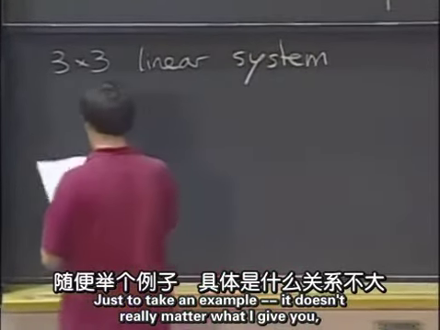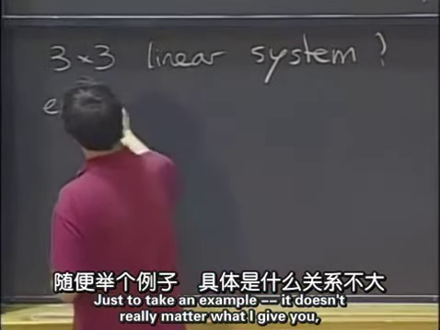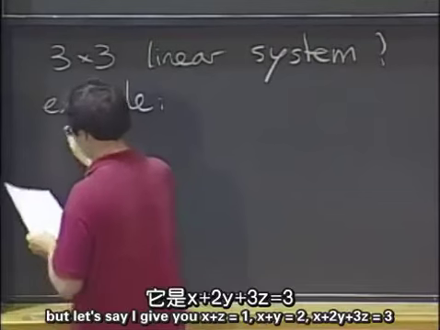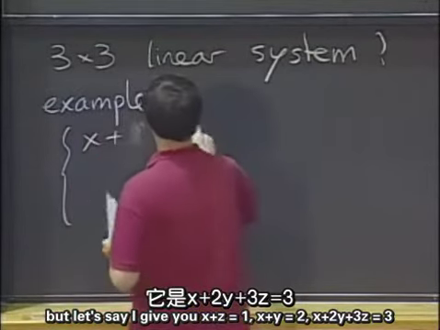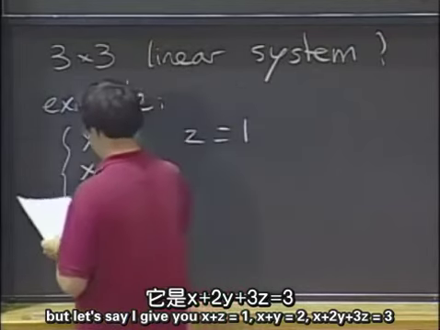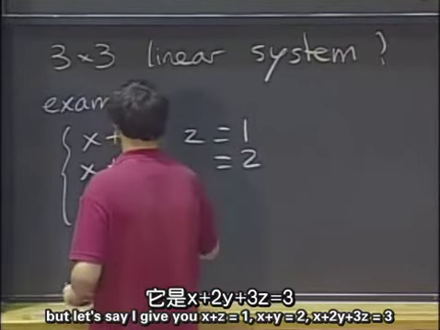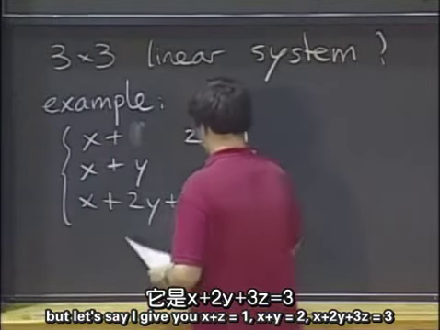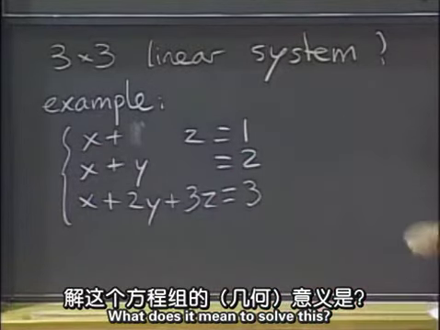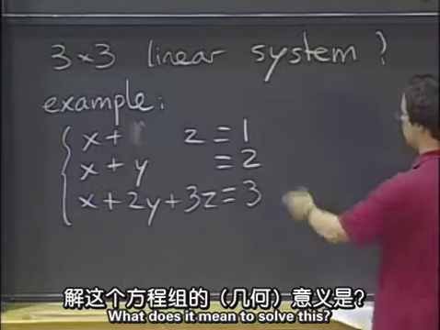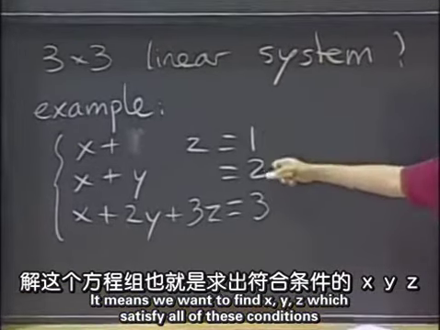And just to take an example, it doesn't really matter what I give you, but let's say I give you x plus z equals 1, x plus y equals 2, x plus 2y plus 3z equals 3. Well, what does this mean? What does it mean to solve this? It means we want to find x, y, z which satisfy all of these conditions.